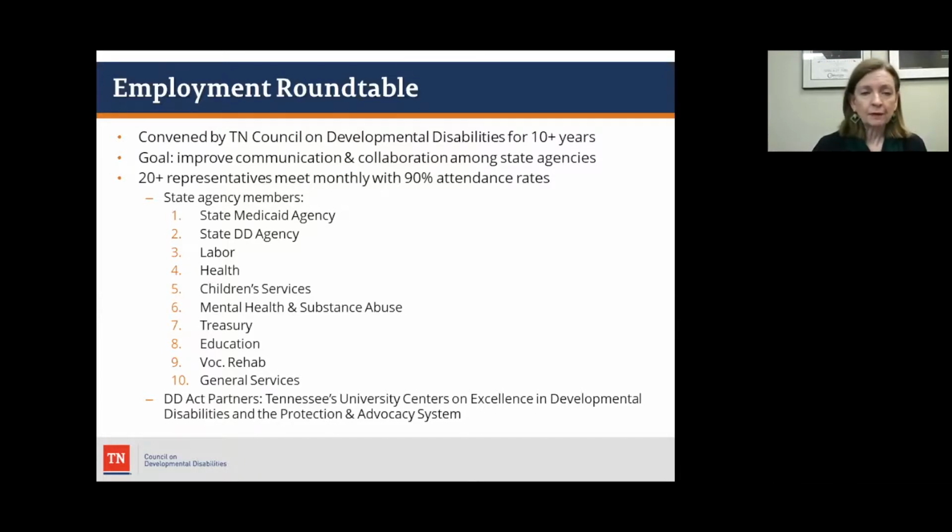So we know that we have probably a greater than 90% attendance rate on a monthly basis, and that while we have 10 or 11 agencies represented, agencies are now beginning to send 1 or 2 people to these monthly meetings. So we have our state Medicaid agency, we have our state DD agency, we have the Department of Labor, because they are so key, as you know, in administering the WIOA program.